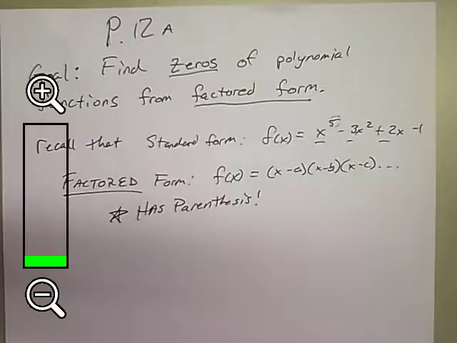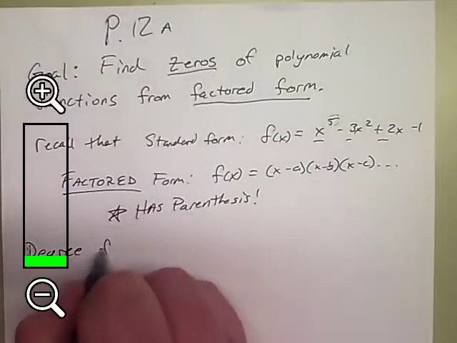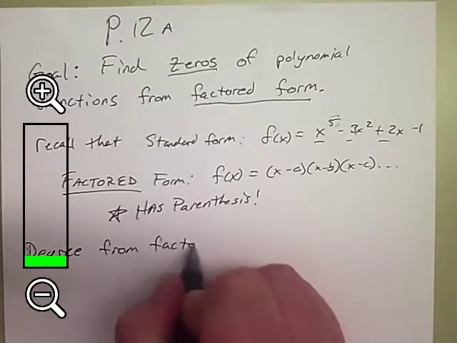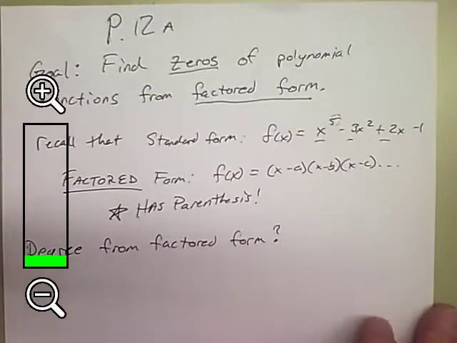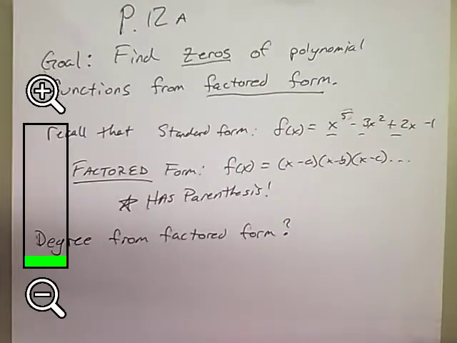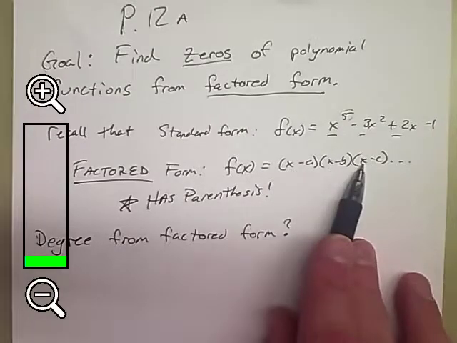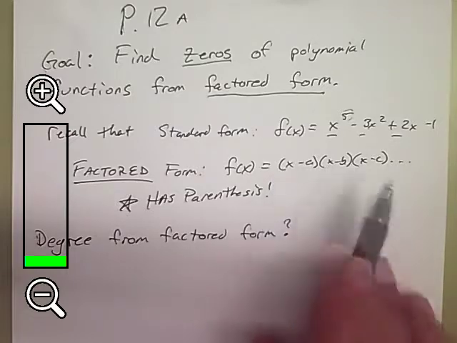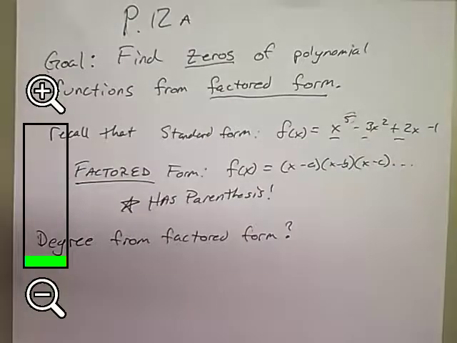Now, how could I tell the degree from factored form? How can I find the degree in factored form? Well, I would have to count the number of factors, and if there were exponents on a factor, I would add up all the exponents of the factors.